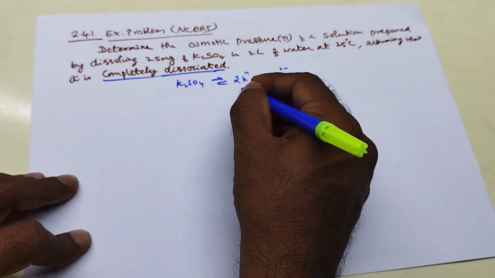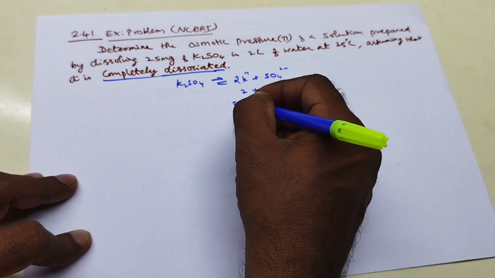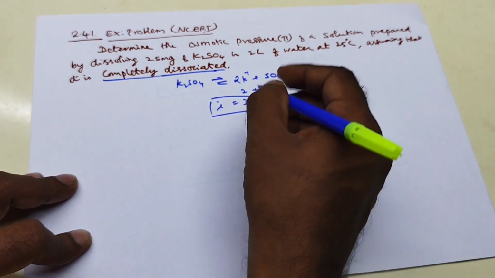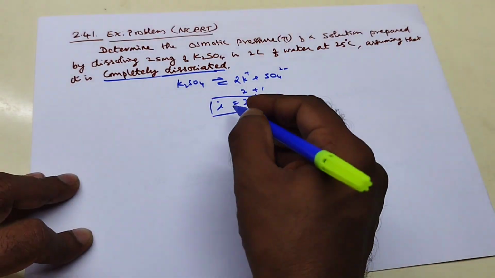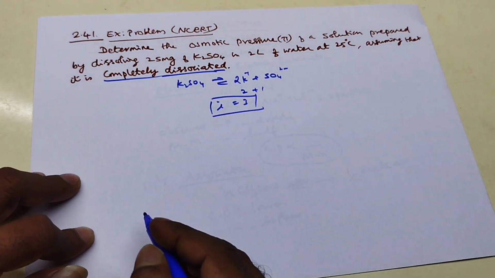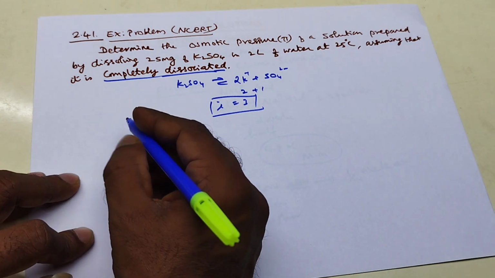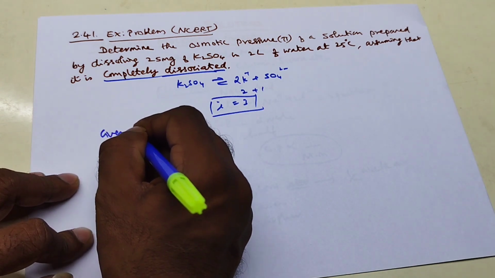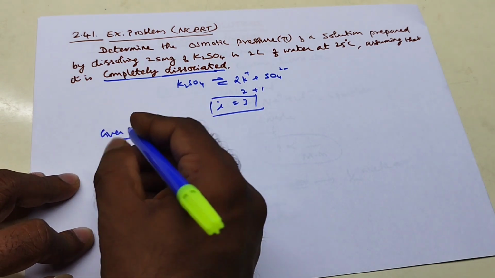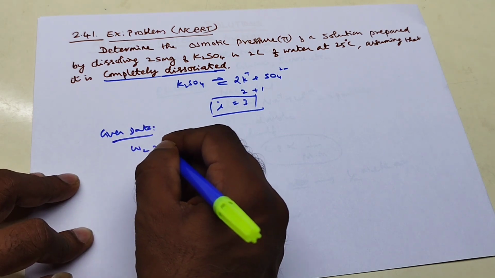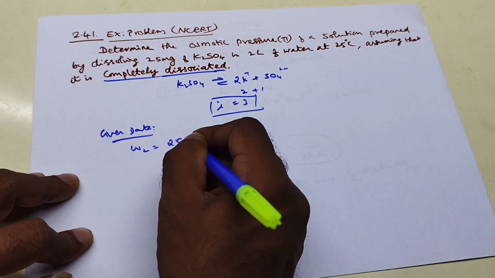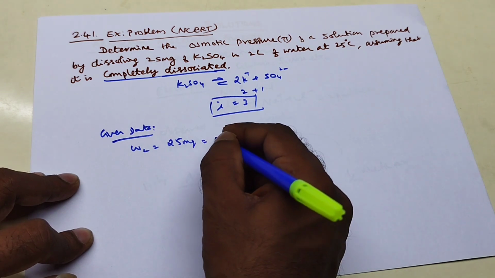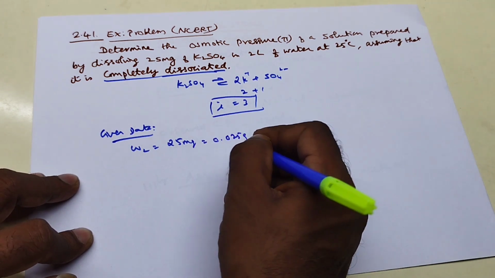If we see the number of particles, 2 plus 1 which is equal to 3, that is the i factor. Here the keyword is completely dissociated, so the i value is 3. And write the given data. W2 is given in milligrams, 25 mg, and you convert it to grams: 0.025 grams.